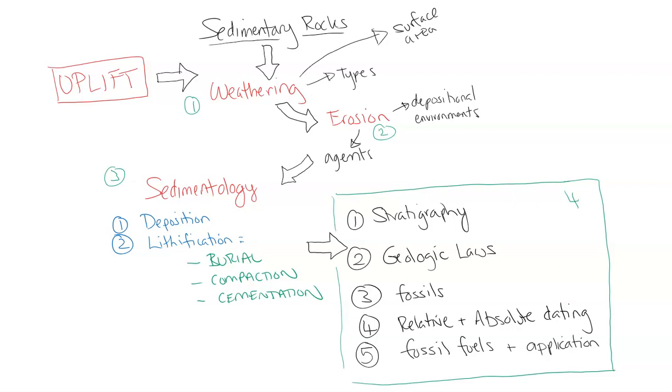And then once I've discussed that and looked at different examples, then I can move on to different areas of the course. For example, listed here 1 through 5, I can look at stratigraphy and the layering of these rocks, and that would lead in nicely to looking at fossils and the geologic laws.